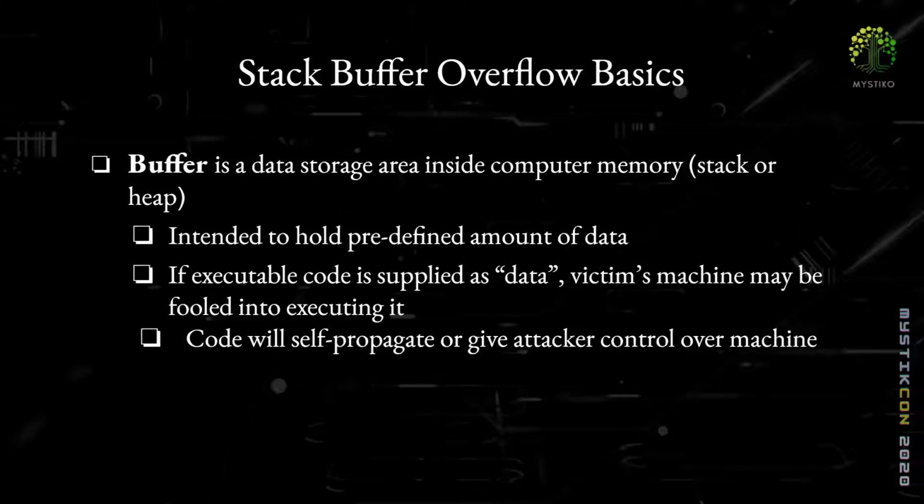Either we can have self-propagating code or we can have executable code on the stack buffer, which when executed gives the attacker control over the machine. Now, such an attack can exploit any memory operation, say pointer assignment, format strings, memory allocation, and even deallocation. It can leverage function pointers and calls to library routines via offset tables.